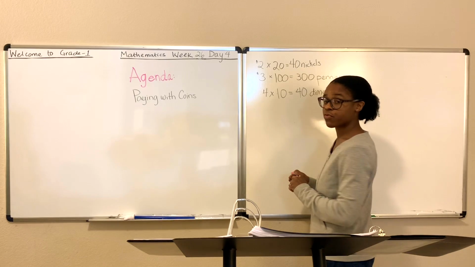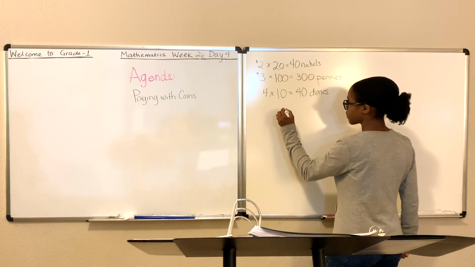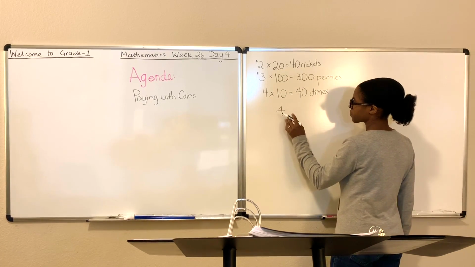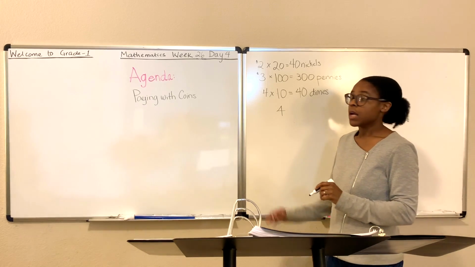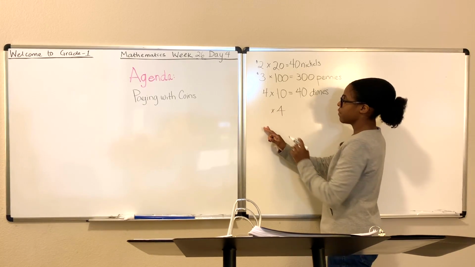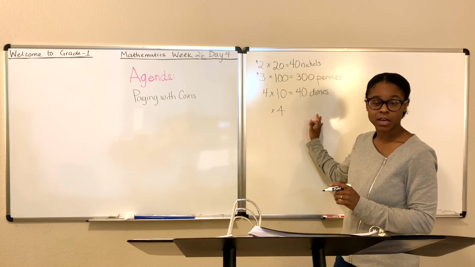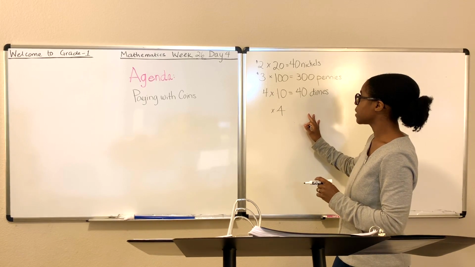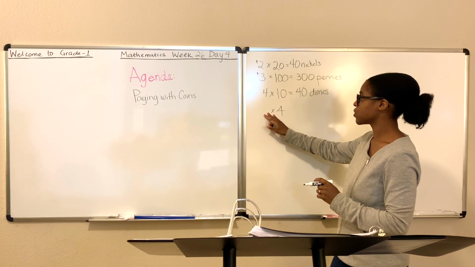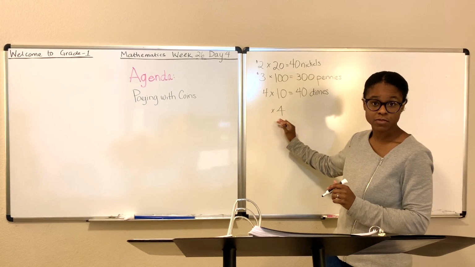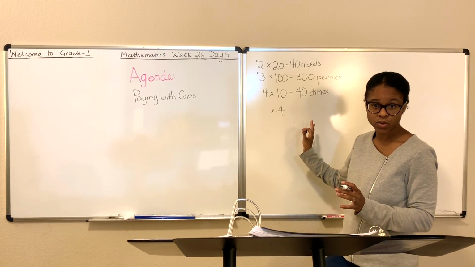We know that there are 4 quarters in each dollar. If I were to multiply this by just $1, we'd have 1 times 4, which is just 4 quarters. We only need 4 quarters.